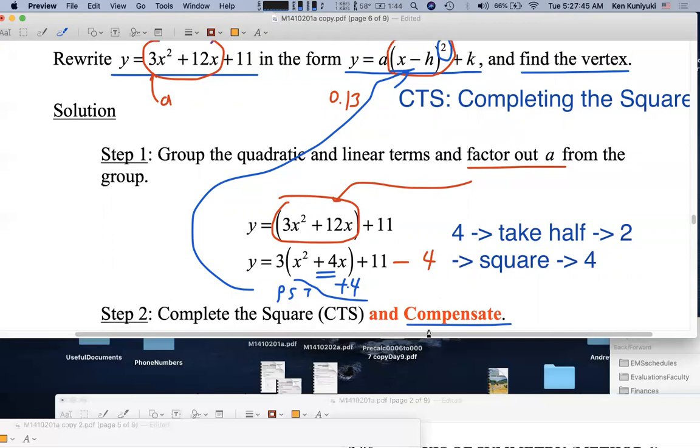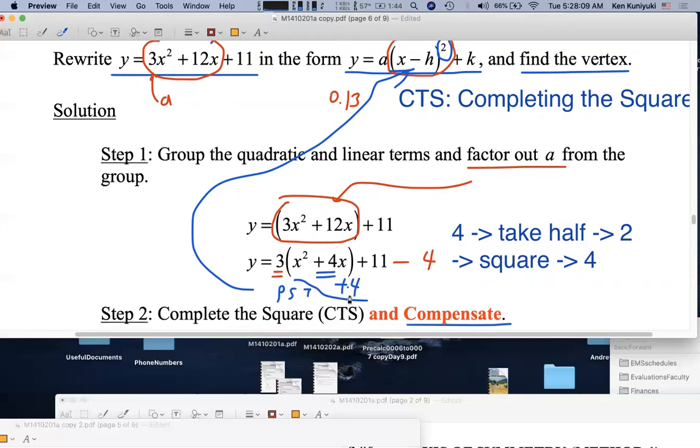Because here's the problem. When we insert a plus 4 here, notice that there's a 3 out in front. Before, when we dealt with circles, we made sure that the leading coefficient was 1. We don't have that guarantee now. A equals 3 here. And guess what? The 3 impacts the 4. If you insert a plus 4 inside the parentheses, what are you really adding to the right-hand side?